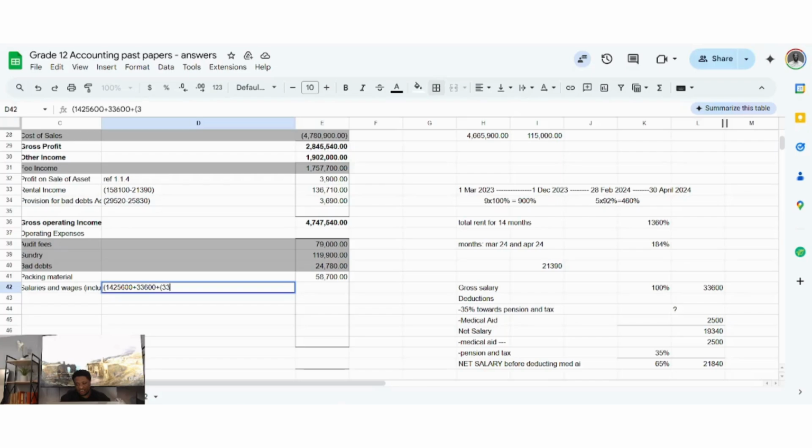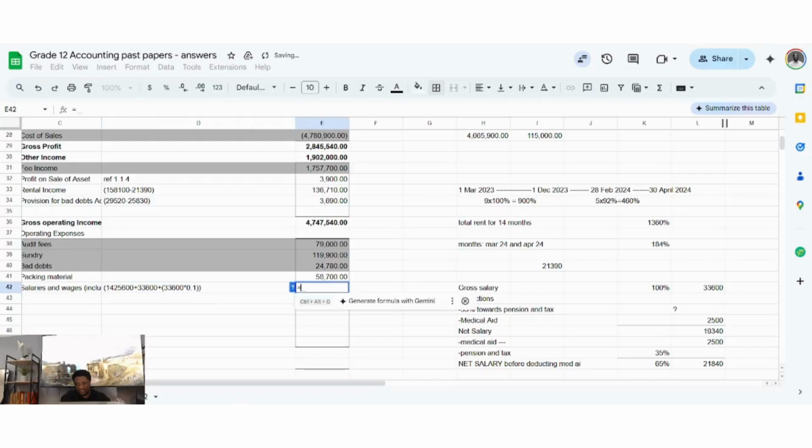So then we can add 33,600, so we're adding 10% of that. And if you add 10% of that, it will then give us 142,460. All right. Hopefully that makes sense. And that's basically how we would work out that one. Bit more complicated than usual, but still the same principle.